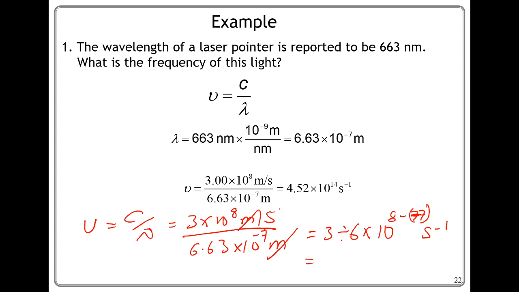This equates to 0.452 times 10 to the power 15 per second, which is 4.52 times 10 to the power 14 per second as your final answer.